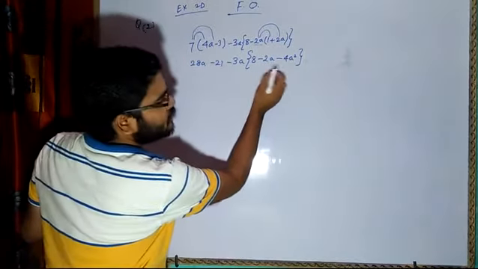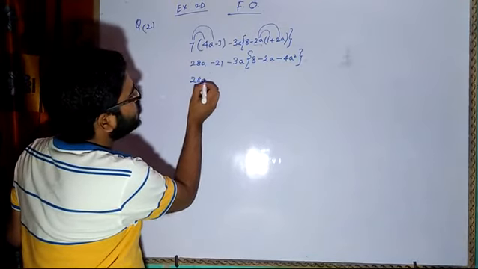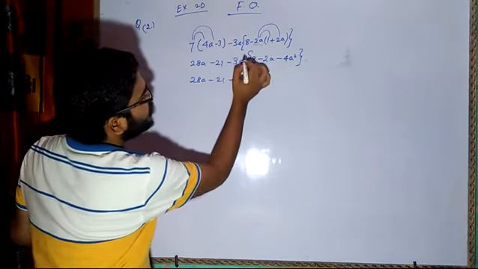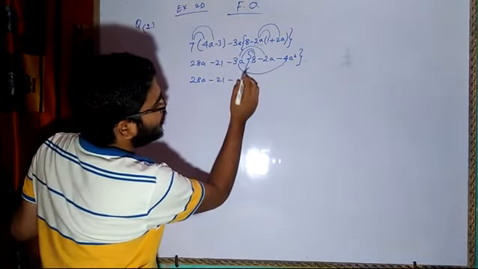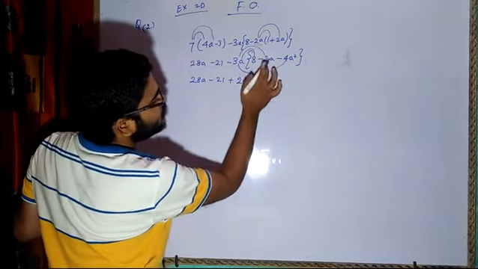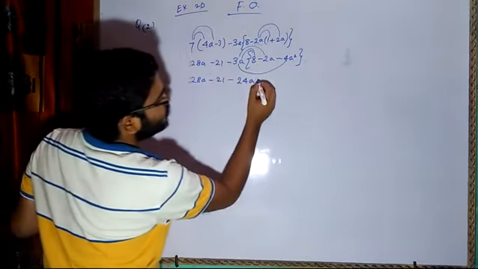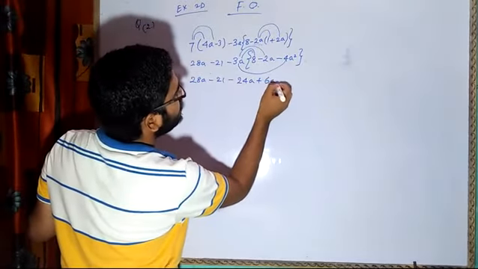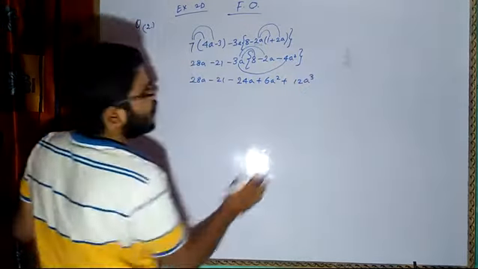So here again there is no like term, so we cannot do anything. So the only option is 28a minus 21 minus, we have to multiply all the terms. So minus 3a into 8 will be equal to plus 24a, minus into minus, minus into plus minus, sorry, then minus into minus plus, 3 2s are 6a square, then plus 4 3s are 12a raised to the power 3.